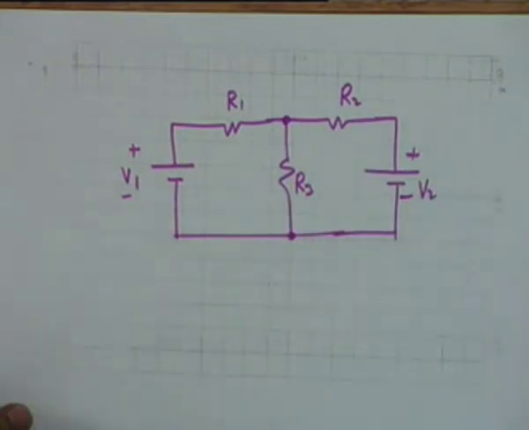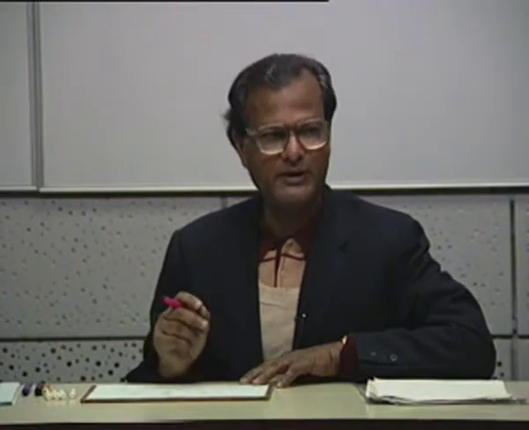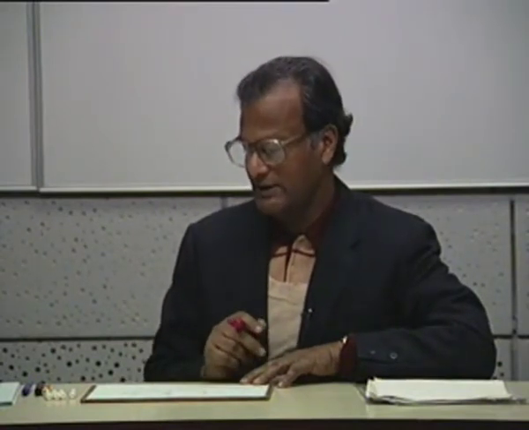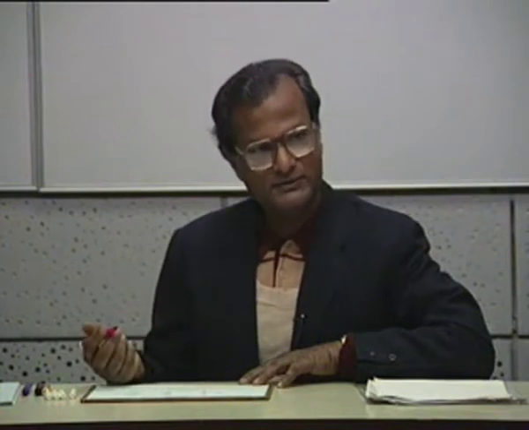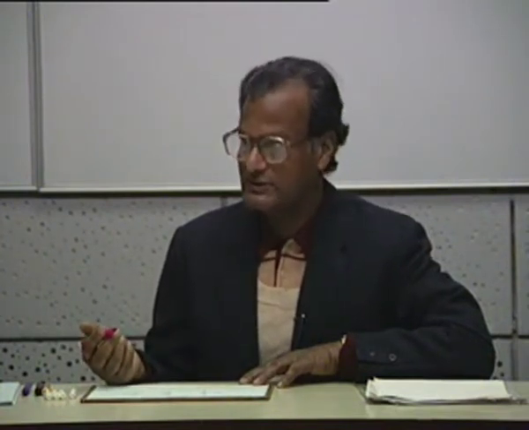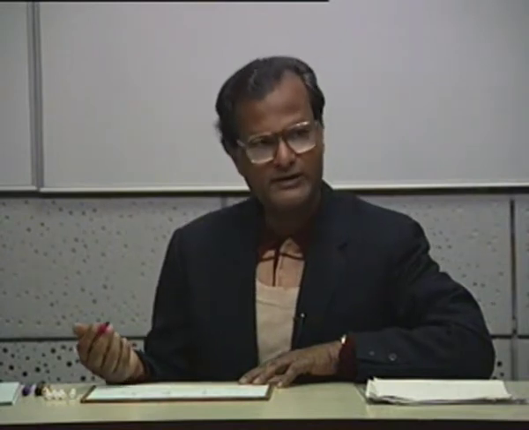In this discussion and in a few more, we shall confine ourselves to resistive networks alone. That is, we shall not admit inductances and capacitances yet. When we admit them, we shall have to change a little bit, not much, as you shall see later, but it is convenient to consider resistive circuits and constant voltage or constant current sources, that is batteries for constant voltage source or ideal voltage source, and ideal current generators which deliver currents that remain constant with respect to time.